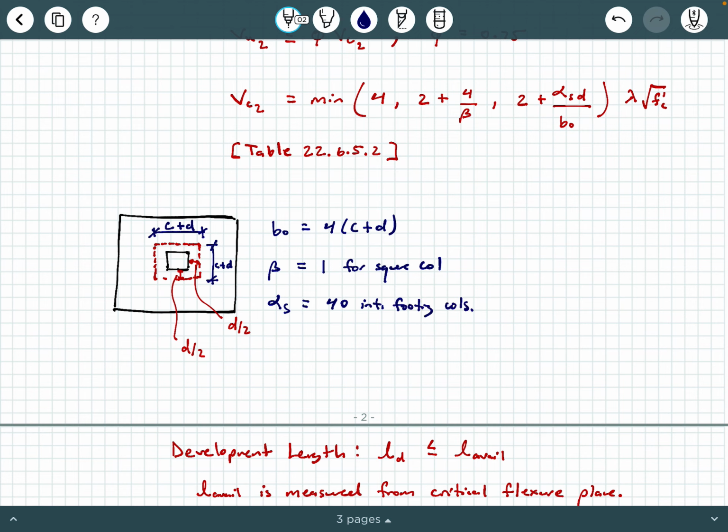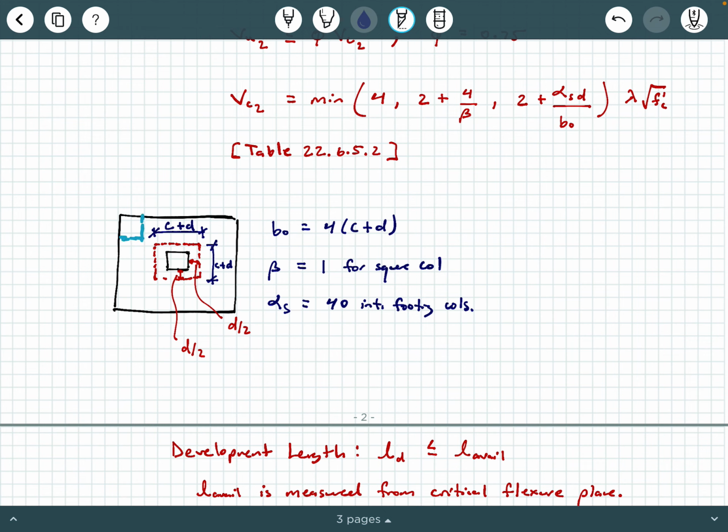So basically what this accounts for is for a footing, if the column is in the center of the footing, you use alpha s as 40. If you had a column at the edge of a footing, you would use it as 30, and if you had a column at the corner, it would be 20.